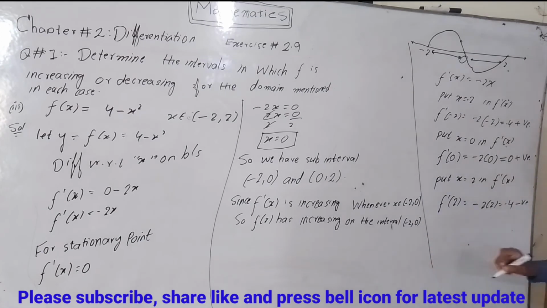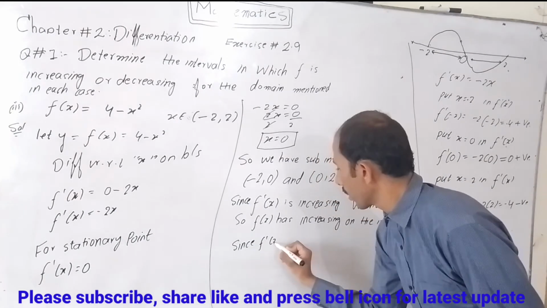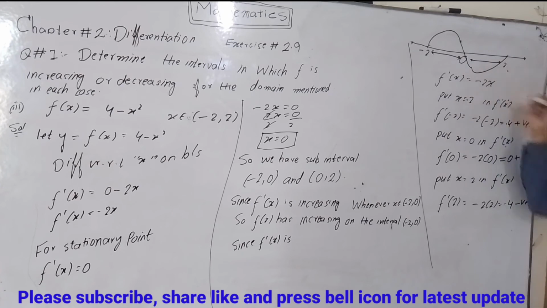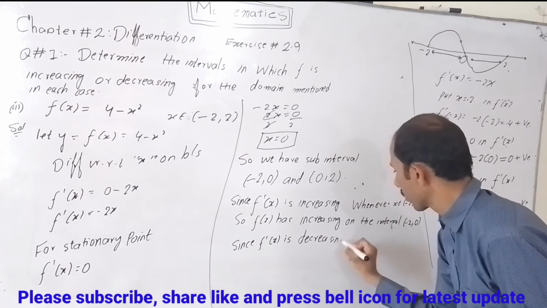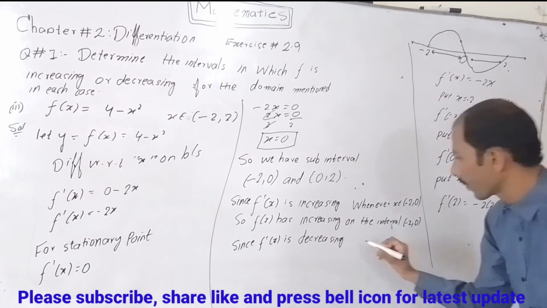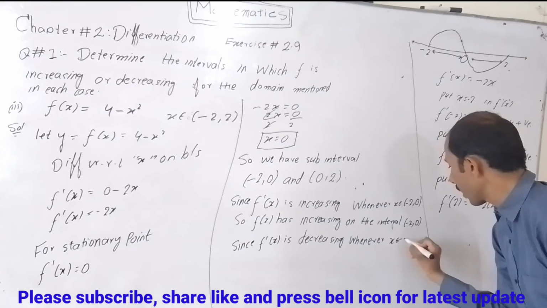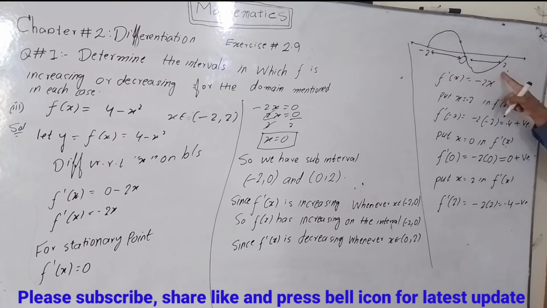Next, check 0 to 2. Since f prime of x is decreasing on the interval 0 to 2, whenever x belongs to 0 to 2, the interval is decreasing, so the graph lies below on the real line.